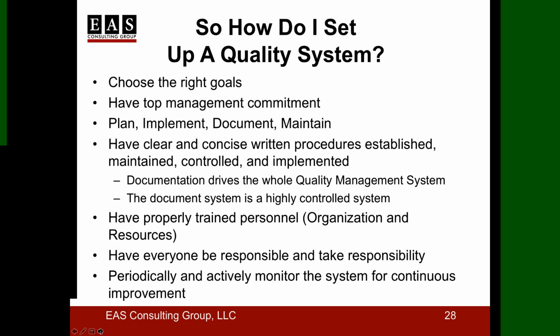And then those folks follow those procedures. And then they document by filling out master records, and that's the evidence and proof that they actually have those implemented procedures being followed. So that's basically what a quality system is.